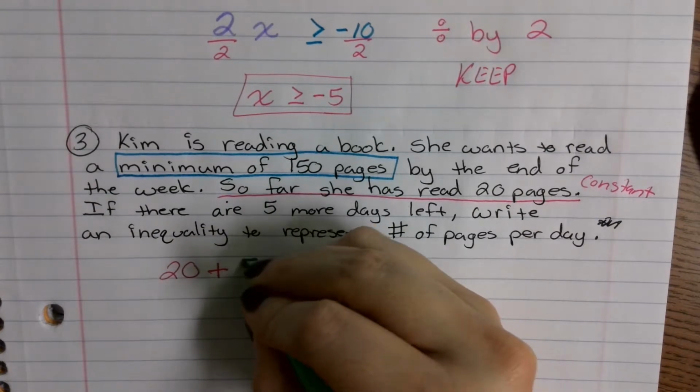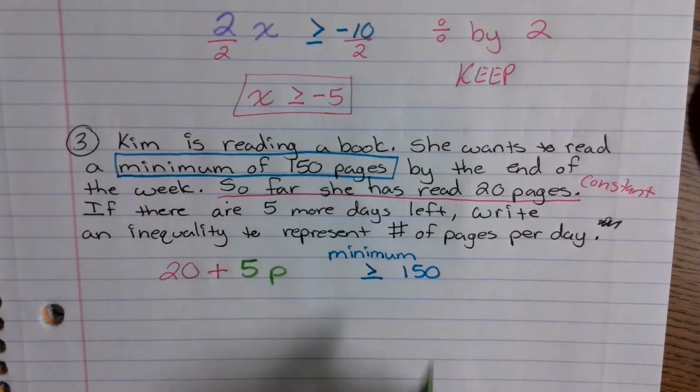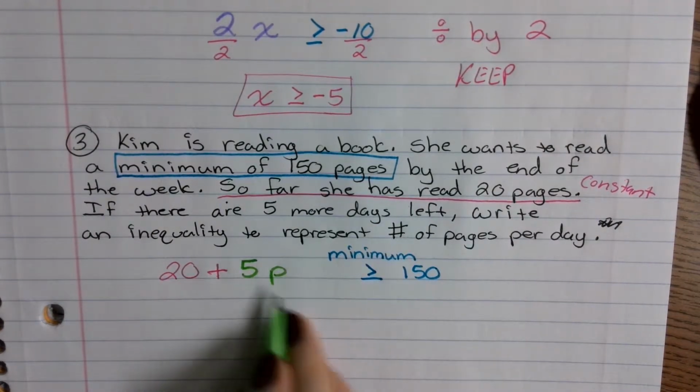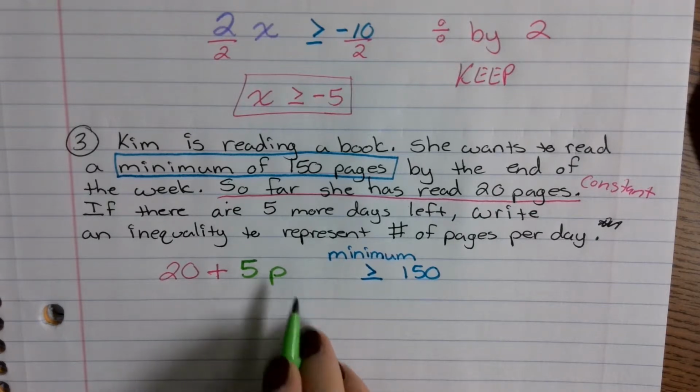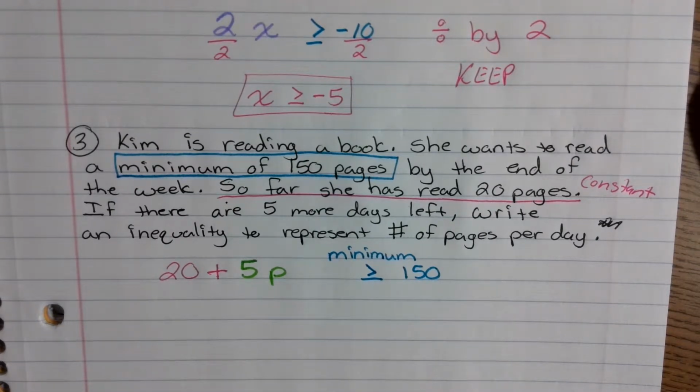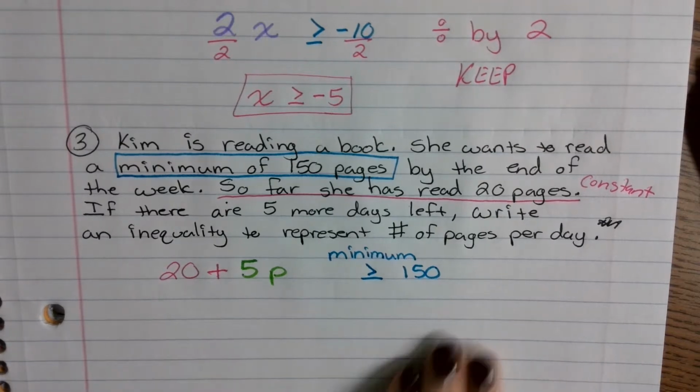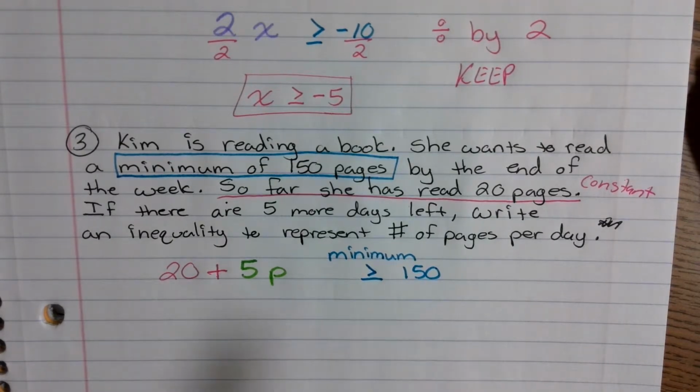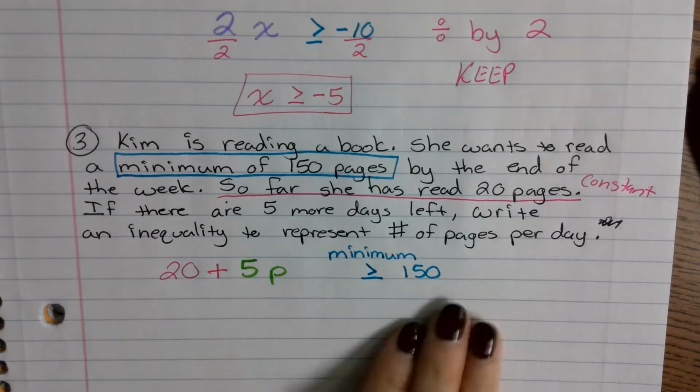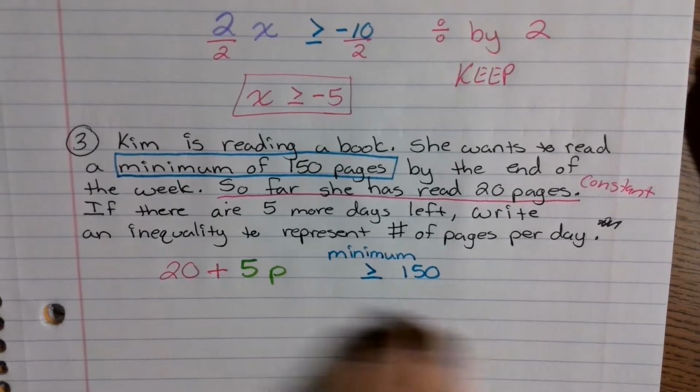So she's got 5p. 5 days with this amount of pages left to read. 5p, p representing the pages. And there's your inequality: 20 plus 5p is greater than or equal to 150. You could also write it as 5p plus 20 is greater than or equal to 150. That's perfectly fine as well. What's the first thing we would do to solve this?